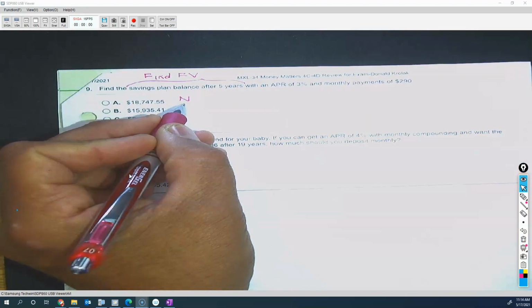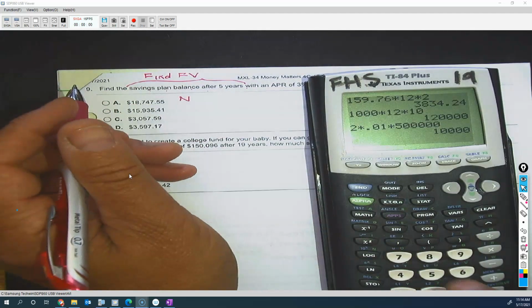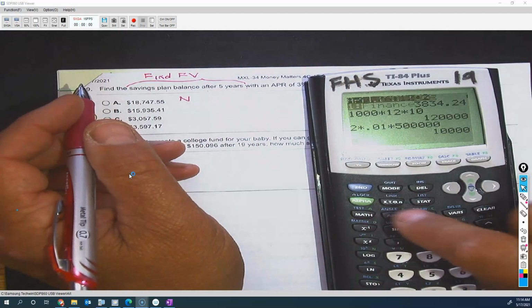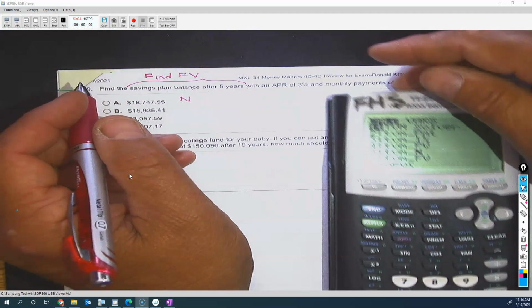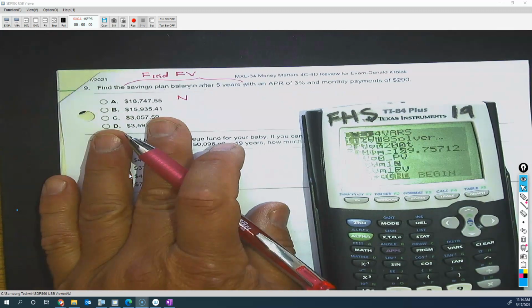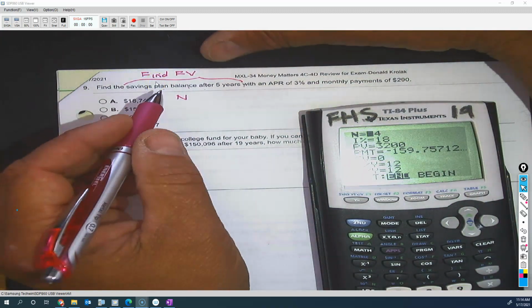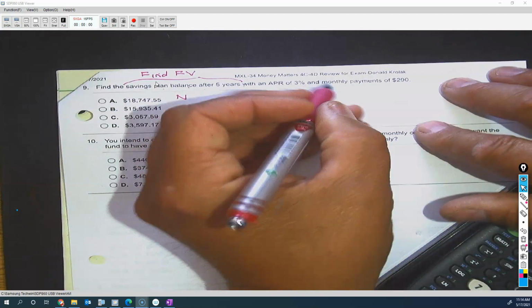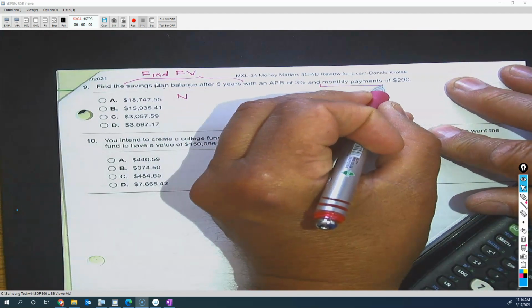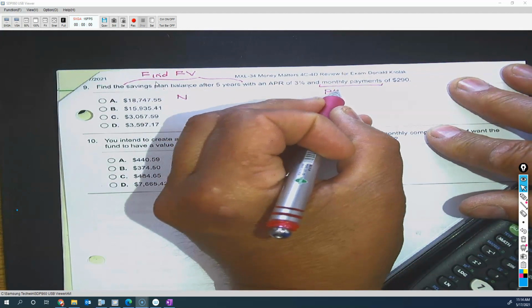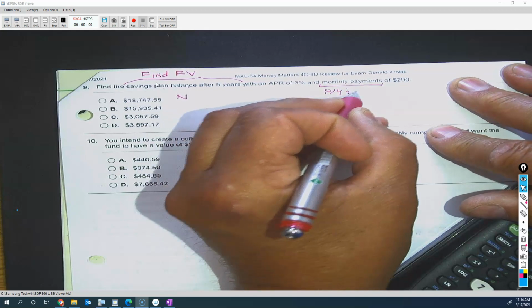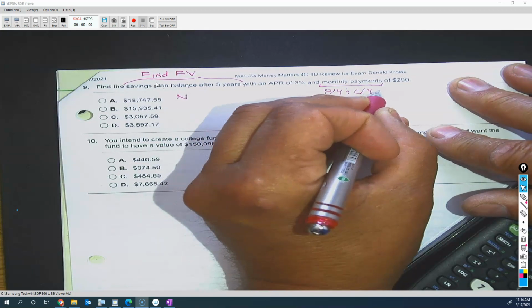So let's see. App finance. Okay. All right, so let's see. We're making monthly payments. So P/Y and C/Y are 12.